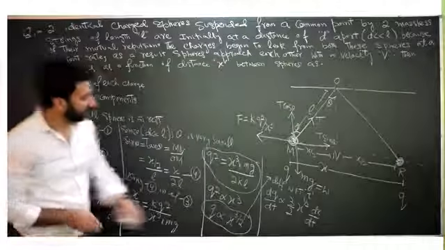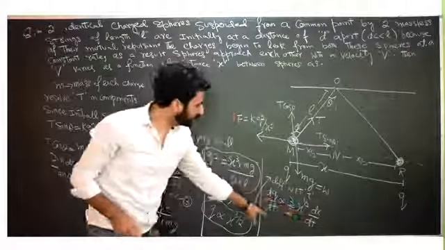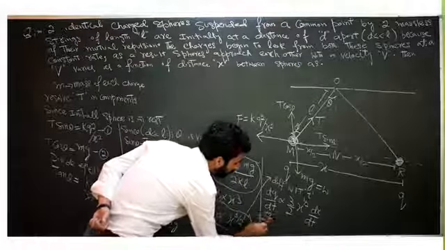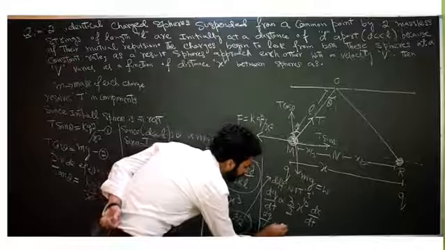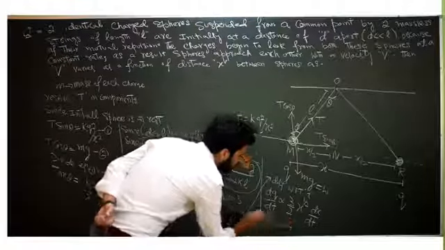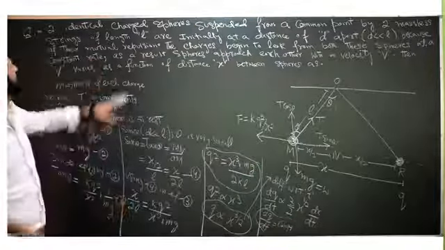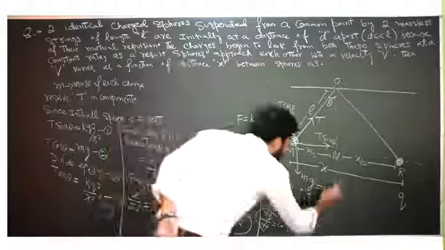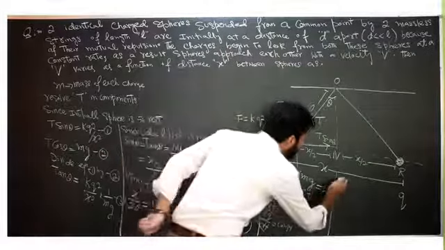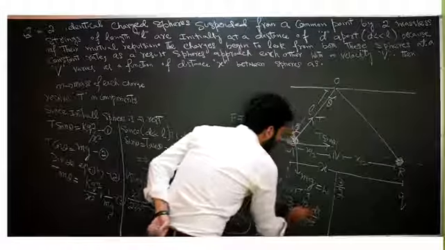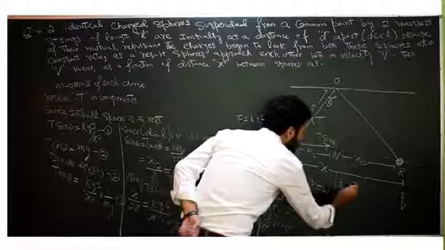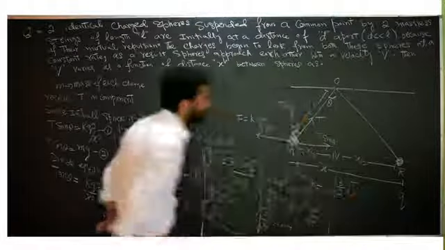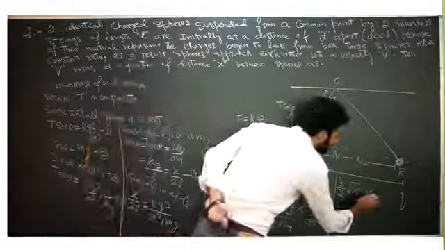Now dx by dt is velocity, and we are given that dq by dt is constant. This is the given condition: charge is leaking at a constant rate, meaning dq by dt is constant. So what we can write here is 3 by 2 into x raised to the power 1 by 2, that is root x, into dx by dt, which is velocity, is constant.